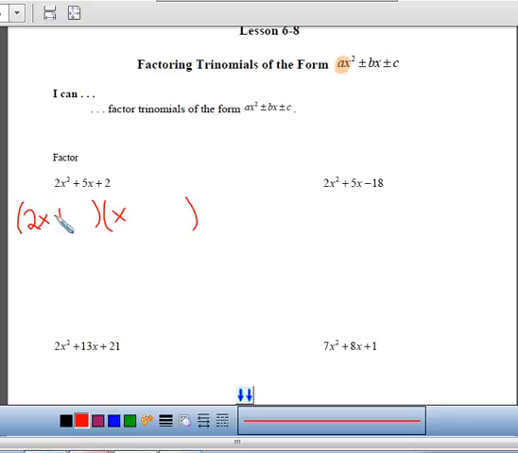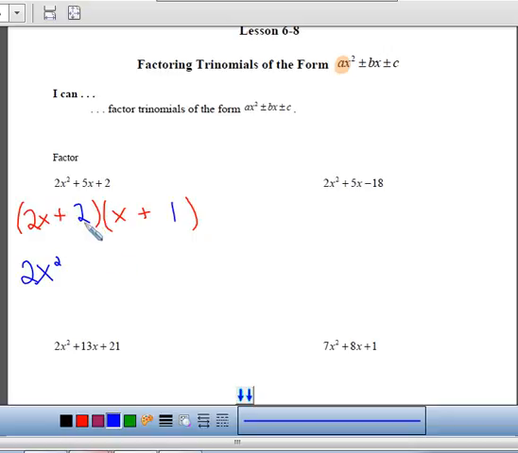I do know this is going to be a plus and this is going to be a plus because both of these are positive. So, I need to come up with a way to do this so that I get a 5x in the middle. Now, I'm going to show you the wrong answer first. If I try 2 here and 1 here, so if I think about it, when I factor it out, I got 2x times x is 2x squared.